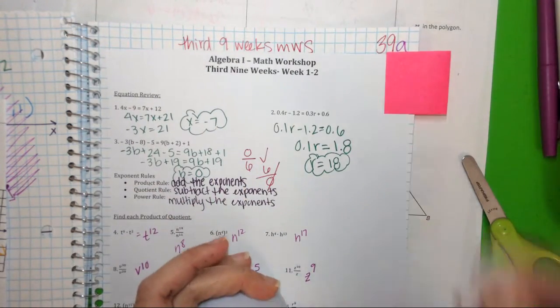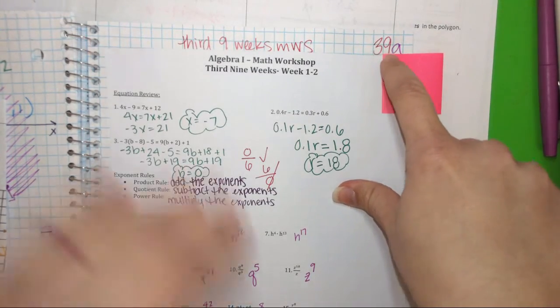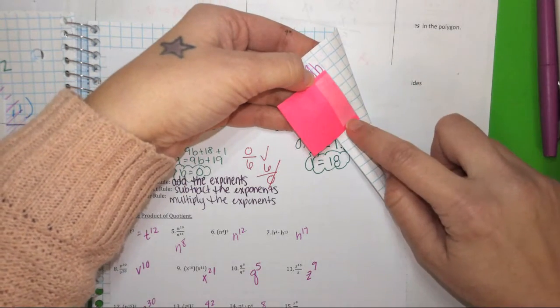So the first thing I did was I cut my sticky note in half. And then I put the sticky side down, 3 grids in, and I put it at the top. And then I did the same thing on the back, 3 grids in.